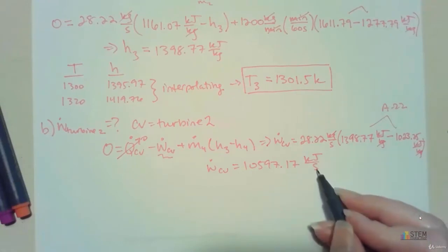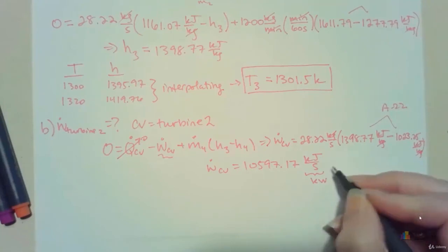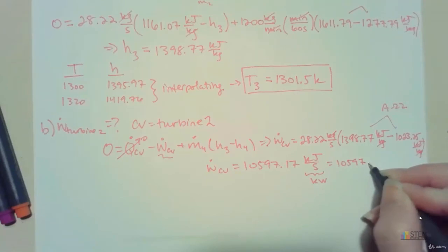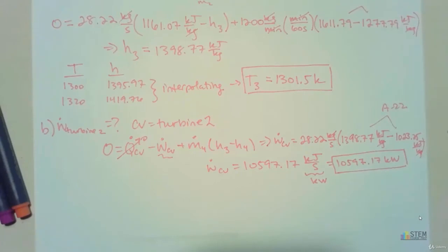Now remember, this here is kilowatts. So you could just rewrite it as 10,597.17 kilowatts. So that's your power produced from turbine 2. Perfect. And it's positive, like we would expect if you're sending power out.